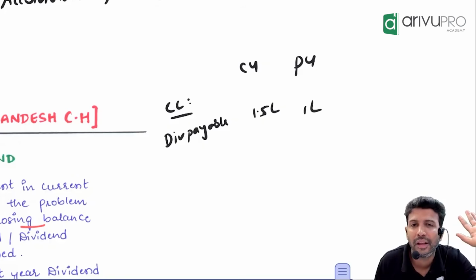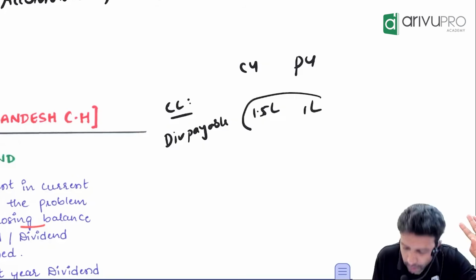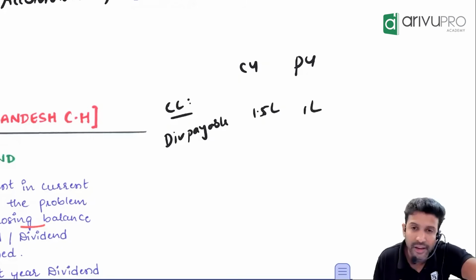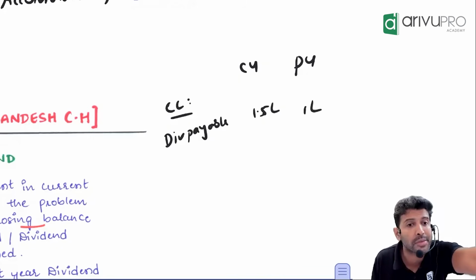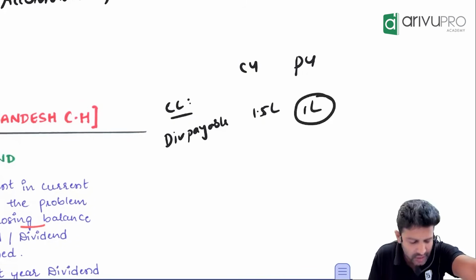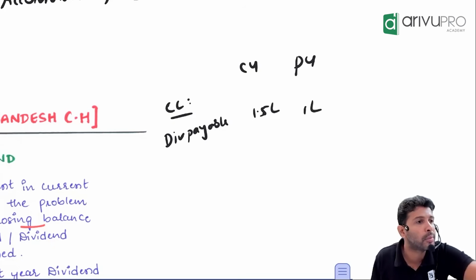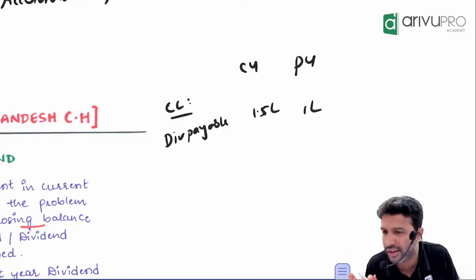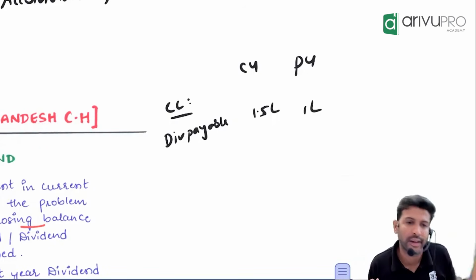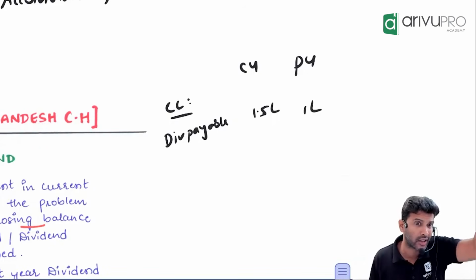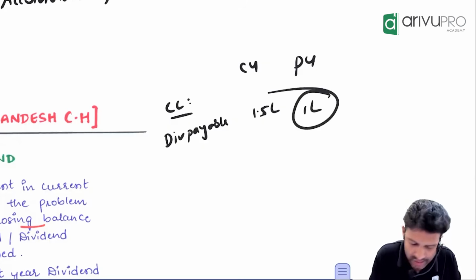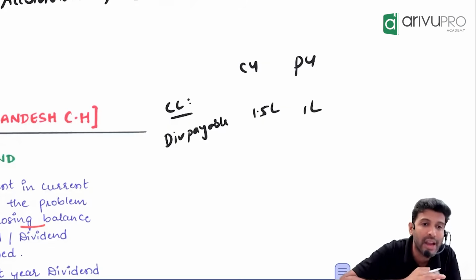If only the opening and closing balance of dividend is given to you in the question, the assumption is that the previous year's dividend is paid in the current year. Because you can't keep it outstanding for the whole year. It has to be settled within 30 days. Otherwise, you have to transfer it to a separate bank account. Company law says so. So that's the assumption. So last year's dividend of 1 lakh is assumed to be paid off.